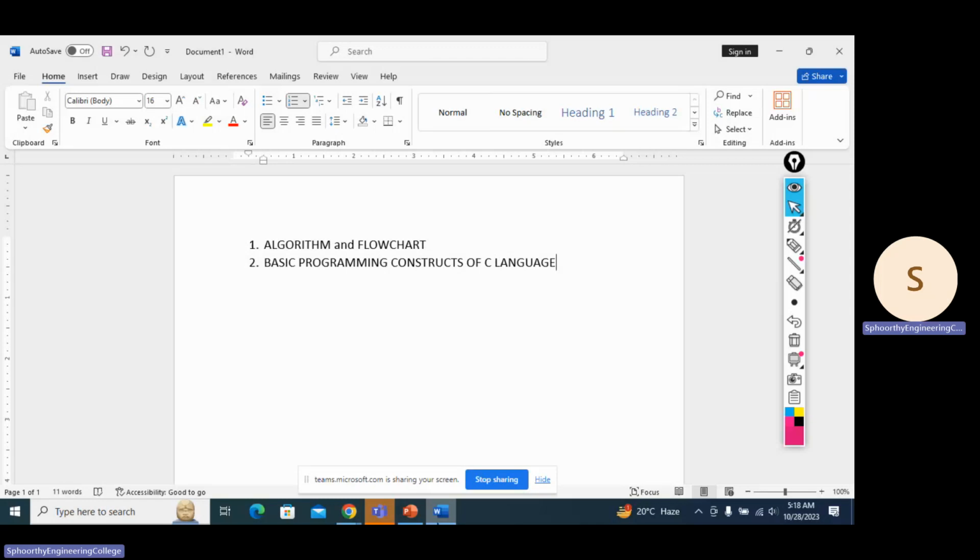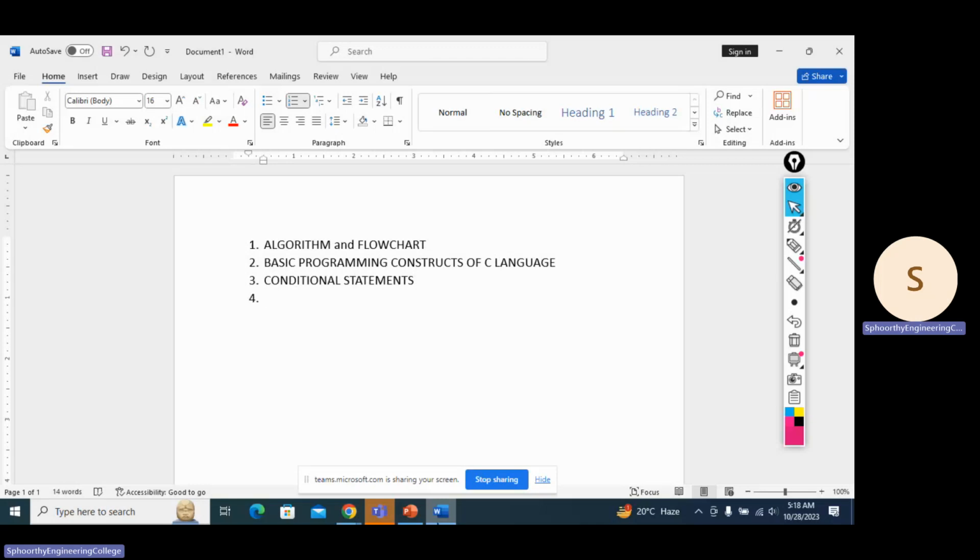Basic programming constructs means the basic elements of C programming, like what is a variable, what is a data type, all the basic things. Then you have conditional statements, which include if and switch case.